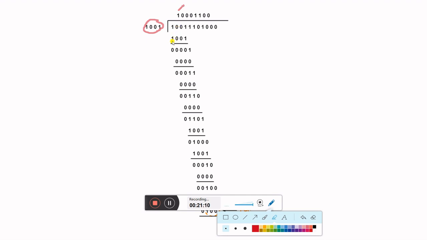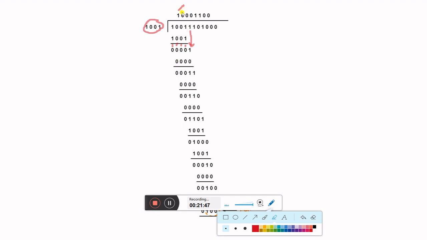Here it is 1, so the digits will be the same, 1001, and after the XOR operation the same bits give 0, same bits 0, same bits 0, all 4 zeros. Now this one will be here. Because here there are 4 bits, the starting bit is 0, and this 0 can be neglected.